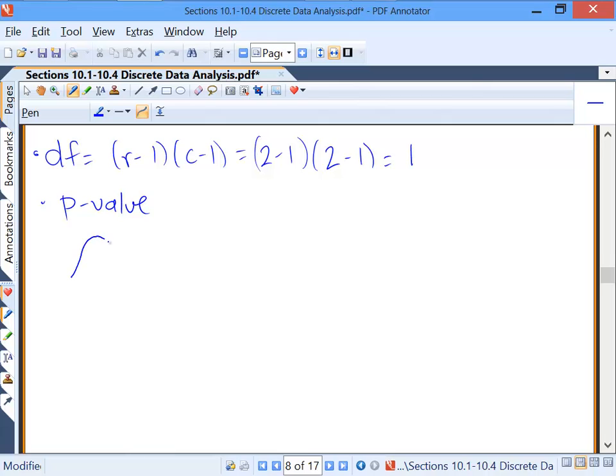So for my p-value, we have our test statistic of 98.9, and I'm looking for the area to the right with 1 degree of freedom. And so what is that area going to be? Looking at your table? Really close to 0.